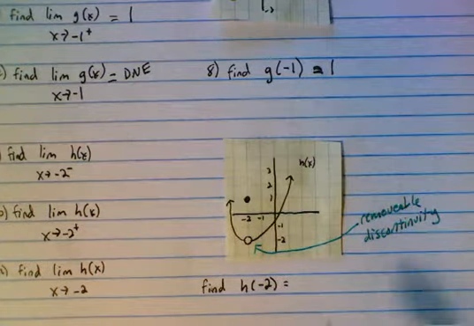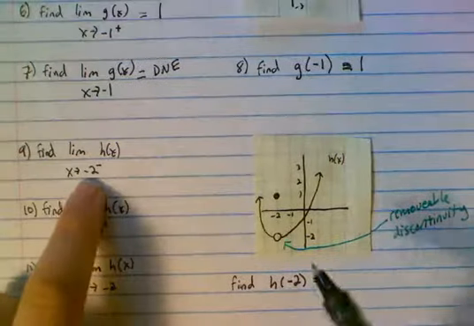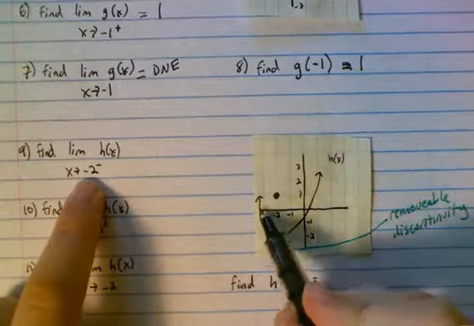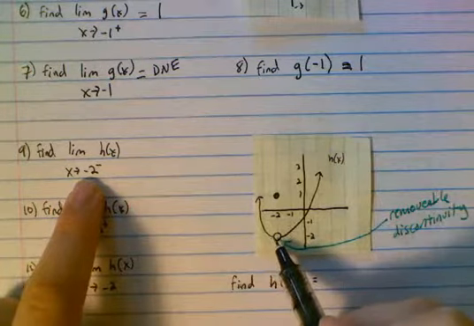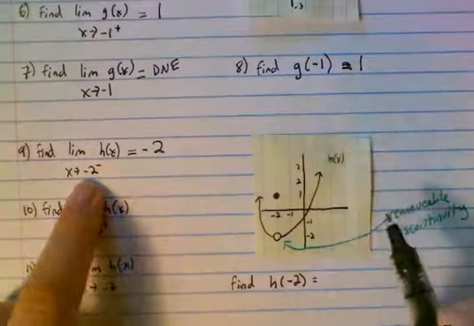But our process for finding the limit is still the same as we were doing earlier. So we say we're approaching when x is -2. We start on the left side and say as we approach from the left, what does y want to be? Well, y wants to be this dot right here. It wants to be -2, so that's our limit.